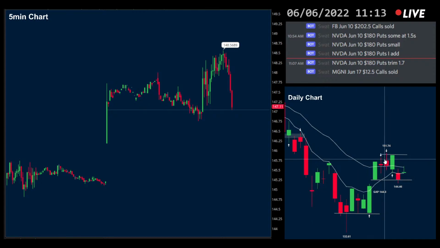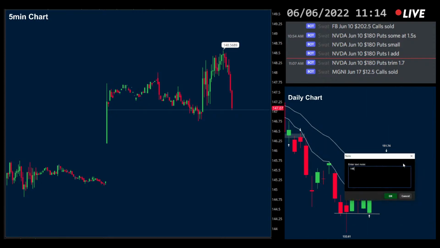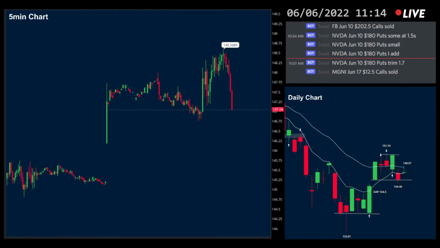Okay, Apple rejected at the 21-day moving average, and so far also a lower high. So for now, today, consider this the resistance for the week.